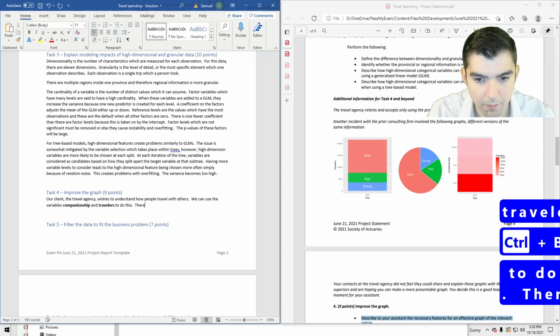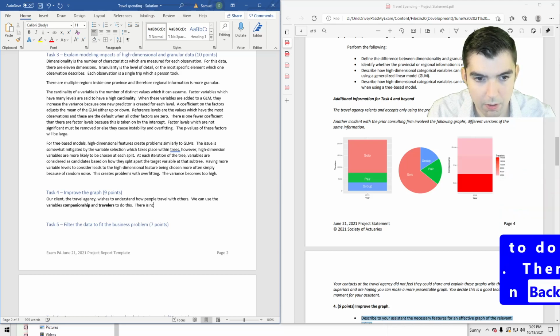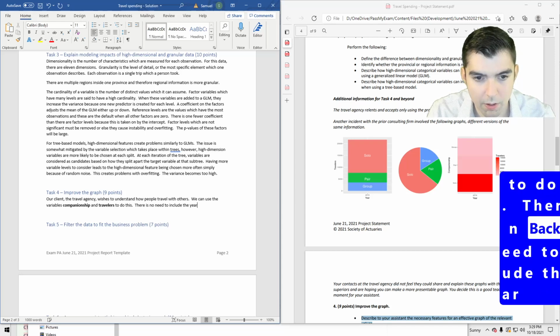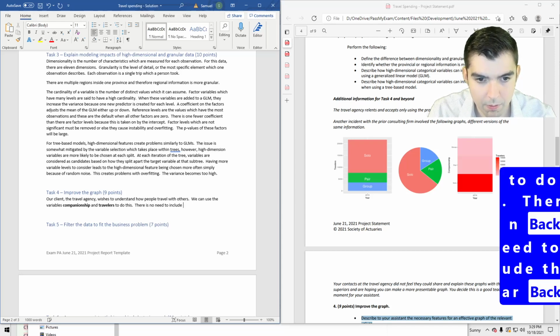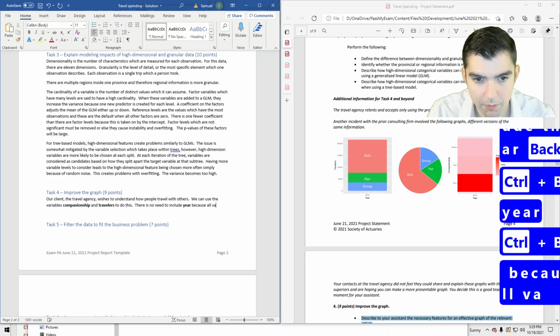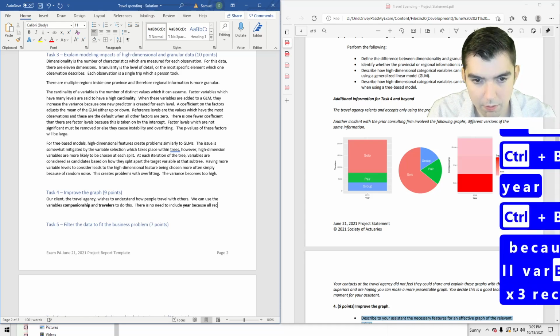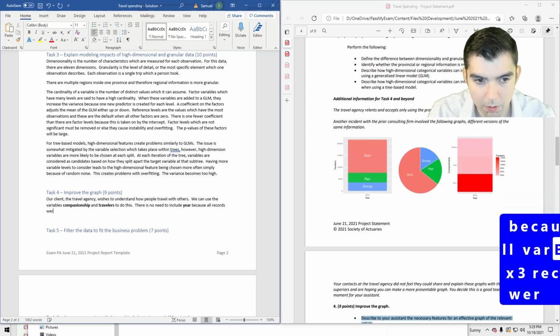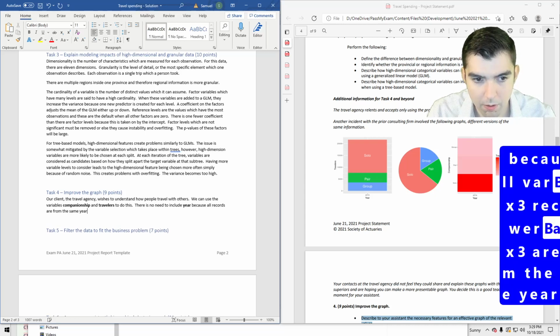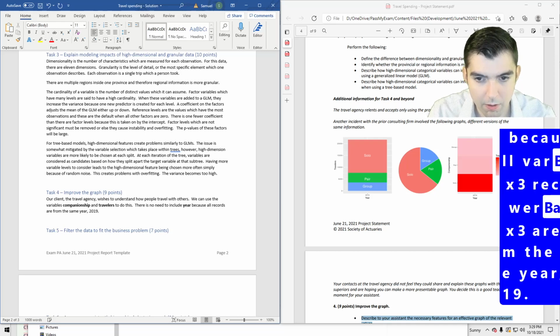There's no need to include the year because all records are from the same year, 2019.